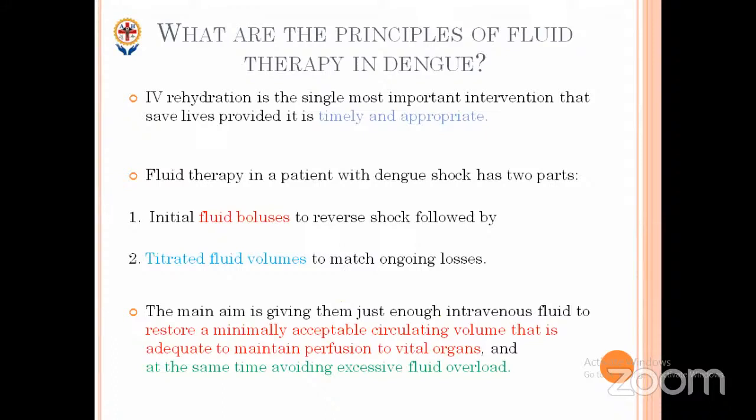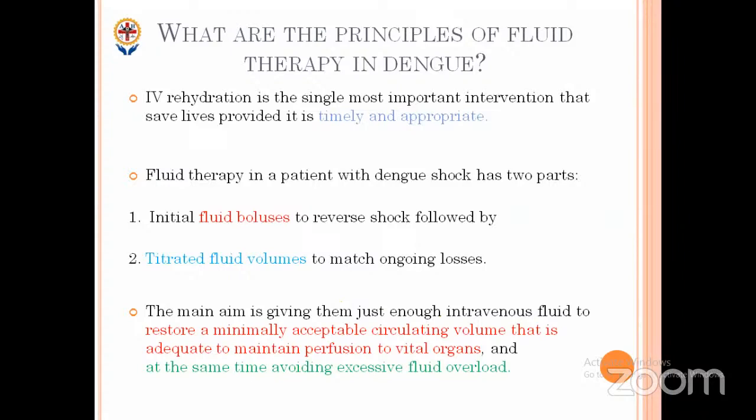So if you give more fluids in the critical phase, in the recovery phase they will end up in fluid overload, pulmonary edema. That's why we should not overload the child in the critical phase by chasing the vitals. We need to maintain perfusion for the vital organs, not for the skin and muscles. Our aim is to perfuse the vital organs with the minimal circulating volume, not the normal circulating volume. Never aim for the normal circulating volume, just maintain the minimal acceptable circulating volume.